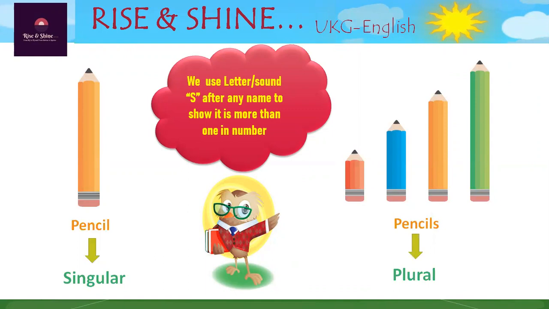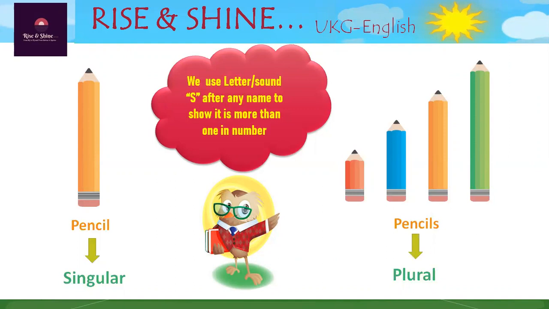Pencil, pencils. What do we use? The sound S to indicate it is more than 1 in number. So it is called plural. If it is 1, then it is singular. And if it is more than 1, it is called plural.